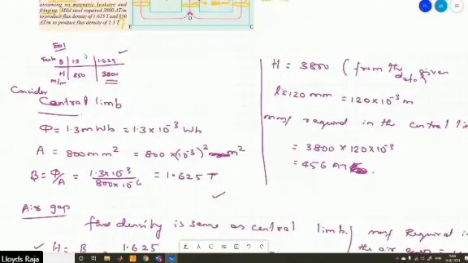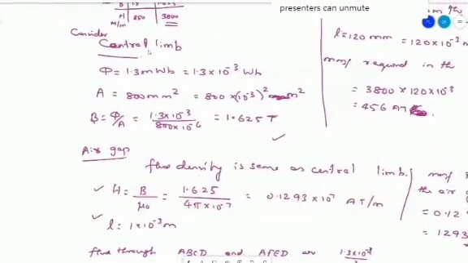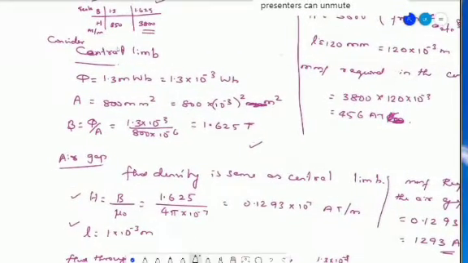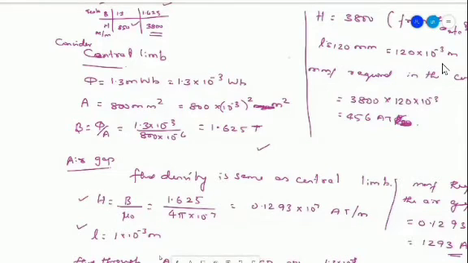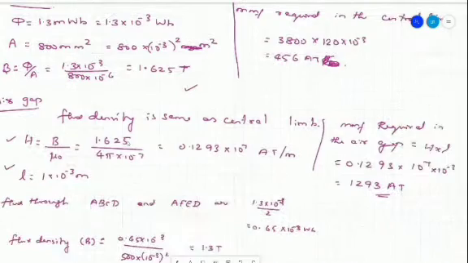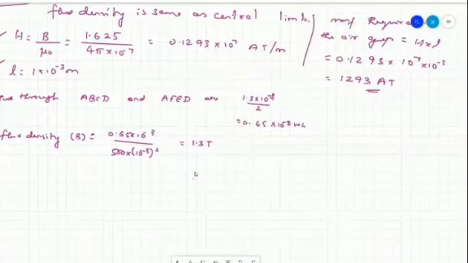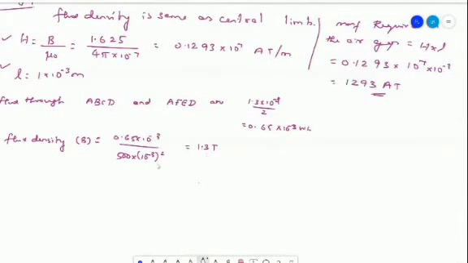For 1.3 Tesla, the value of H is 850 ampere turns per meter. So this is given data.